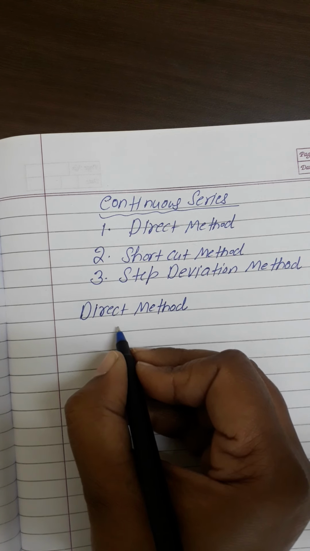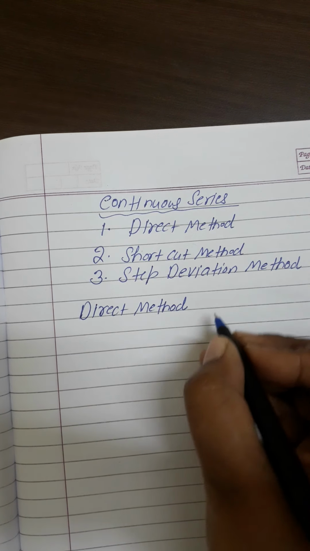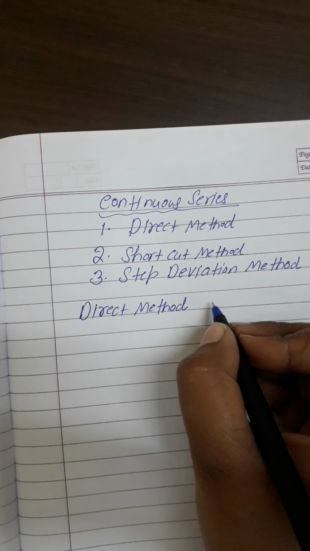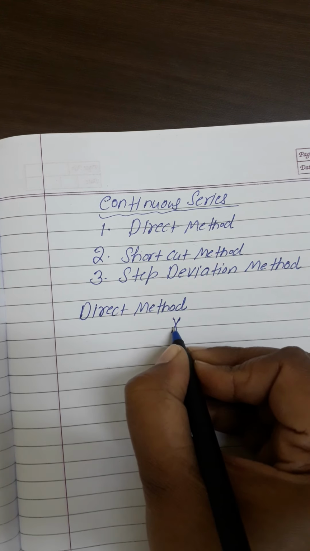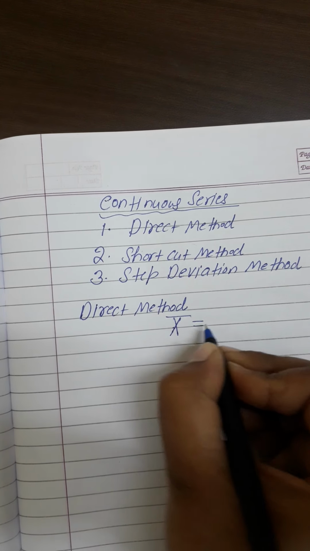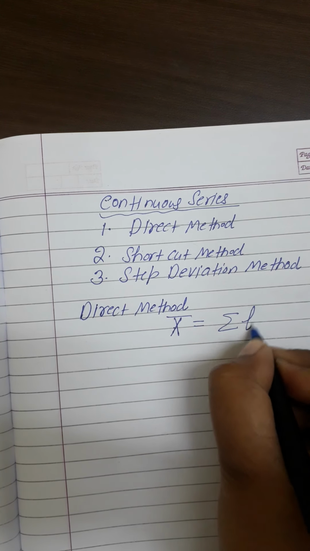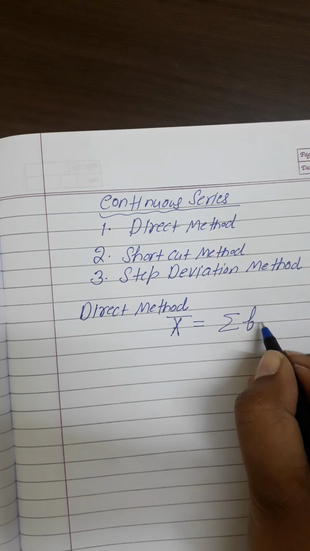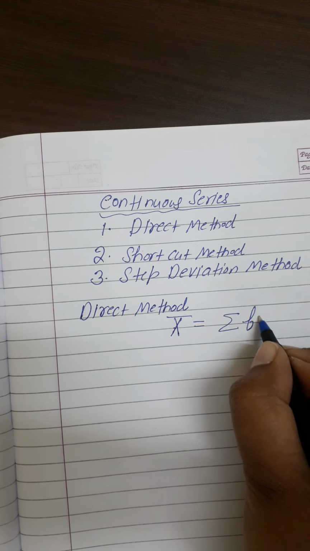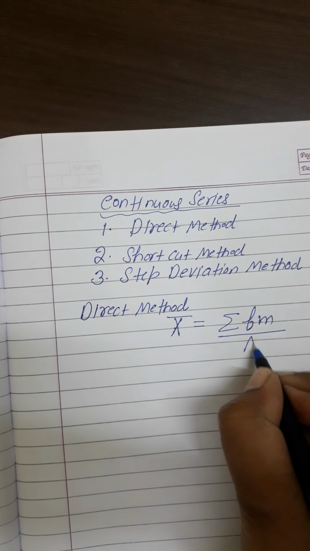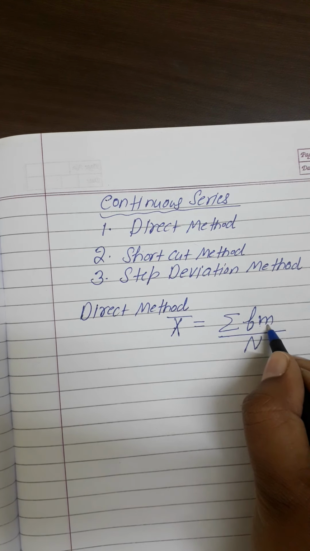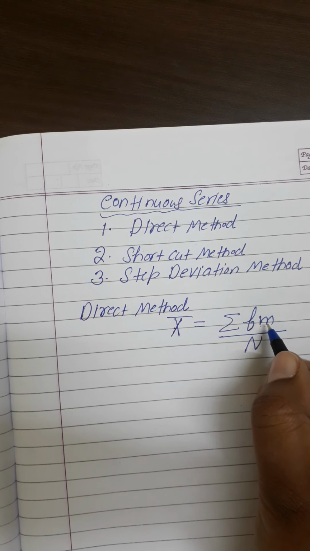Here the direct method will have the same formula as in case of discrete series, and the formula is summation fx divided by n. यहाँ पे x की बजाय m आएगा, ये एक डिफरेंस है। What is m? m is the midpoint of a class, mid value of a class.